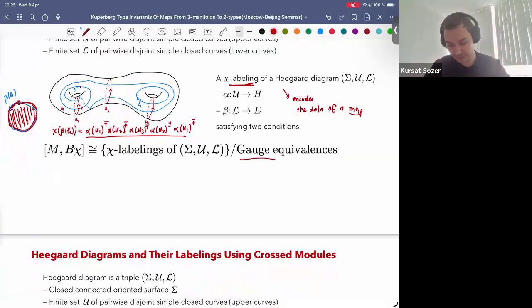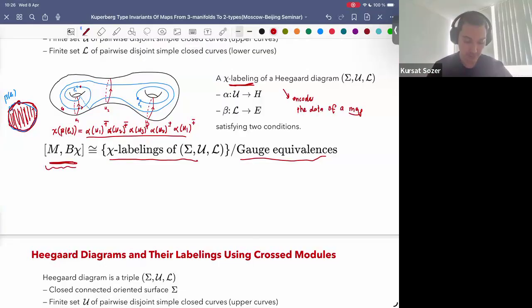So algebraically, we define gauge equivalences between chi-labelings. The number of chi-labelings of a Heegaard diagram of a three-manifold, up to this equivalence relation given by gauge equivalences, is in correspondence with the homotopy classes of maps. This is the crucial point of building this invariant, always. This is the homotopy classification theorem.